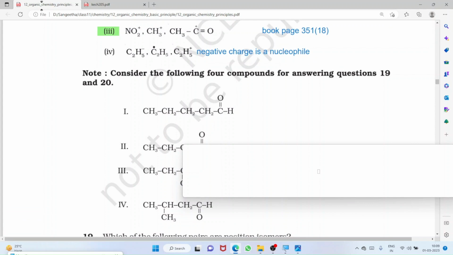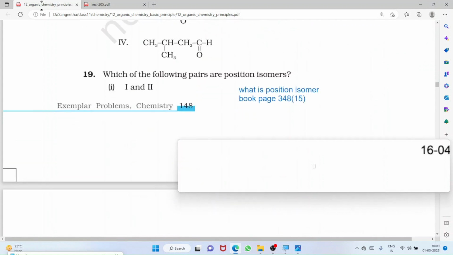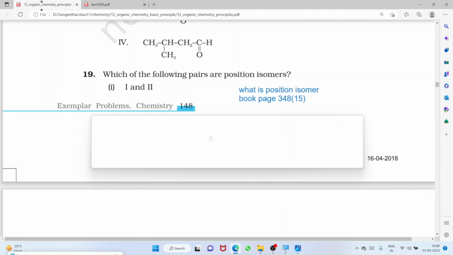Consider the following four questions. Which of the following are position isomers? What is a position isomer?